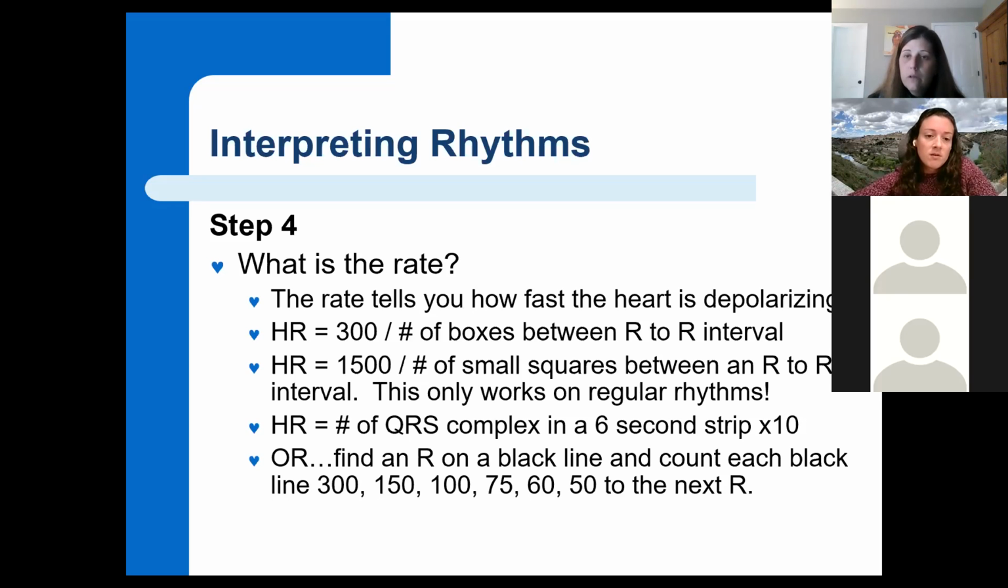Be careful. If you have a strip that does not have those little hash marks, or you are not told that it is a 6-second strip, you cannot make the assumption that it is 6 seconds long, okay? So be careful. But that is definitely the quickest, easiest way just to calculate a heart rate.